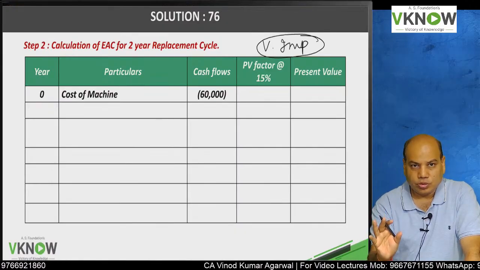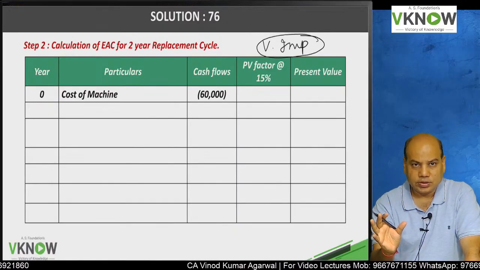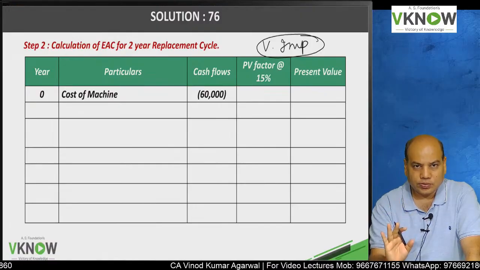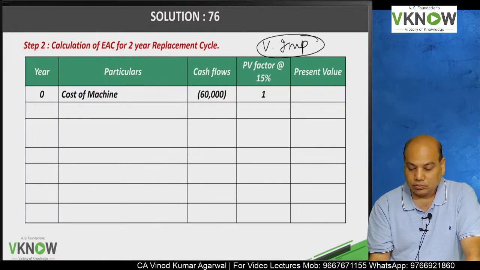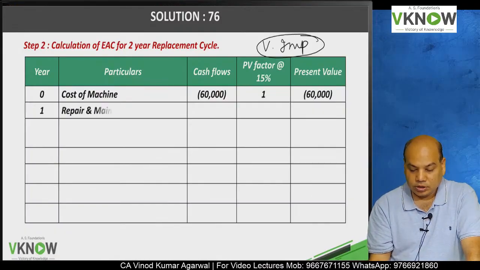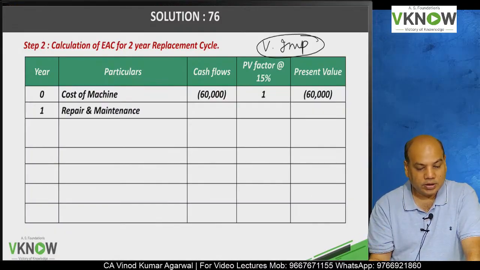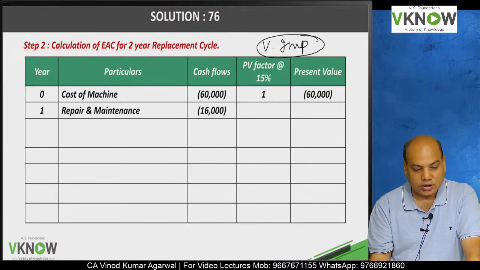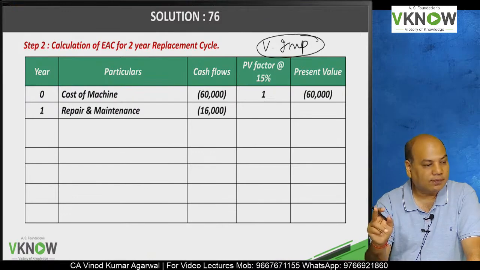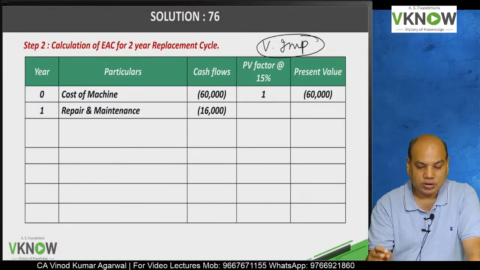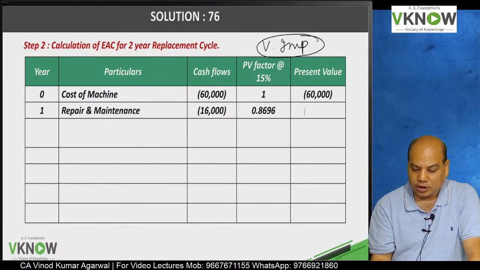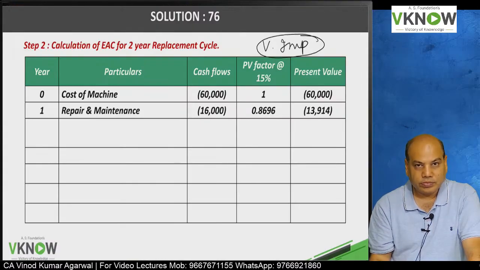Now suppose you are going to use it for 2 years. What are the cash flows from 0 up to year 2? 60,000. Then year 1 repair and maintenance is 16,000. Don't write the scrap value in year 1 because you are going to sell it after 2 years. You can't write scrap value every year.